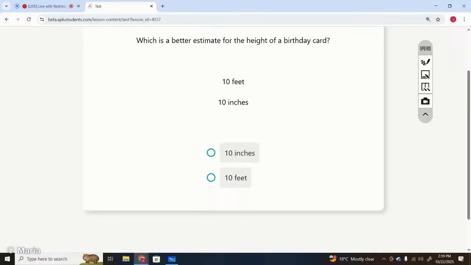Which is a better estimate for the height of a birthday card? A birthday card would be 10 inches. Option number 1 is the correct option.